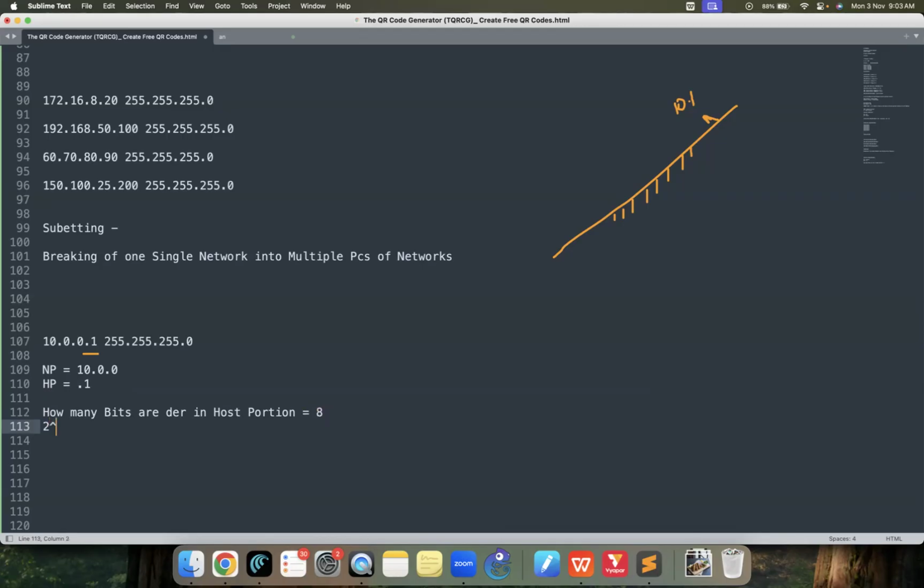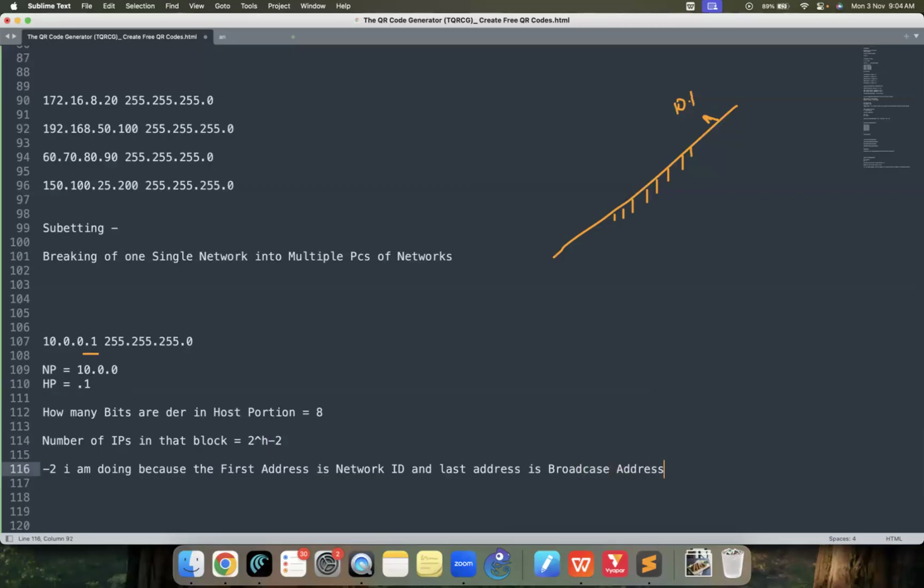To find out the number of IPs in that block, the formula is 2 to the power of host bits, minus 2. I am subtracting 2 because of the network address and the broadcast address. The first address is termed the network ID and the last address is the broadcast address.